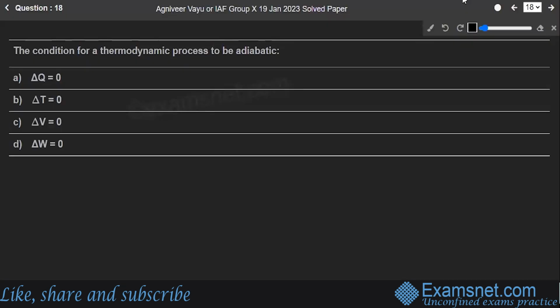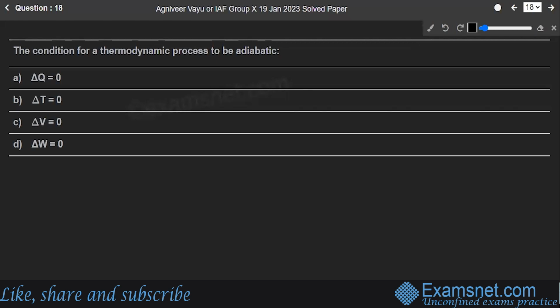The condition for a thermodynamic process to be adiabatic is which of these following options?